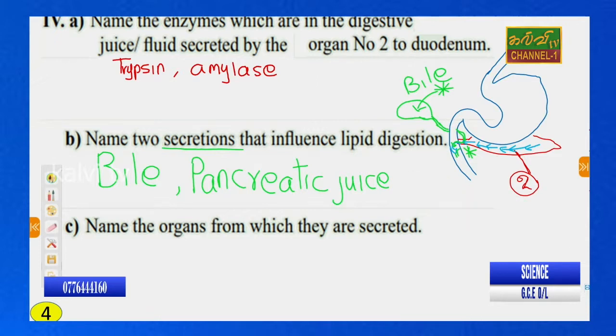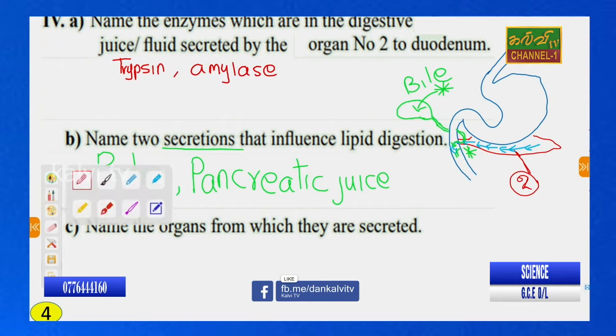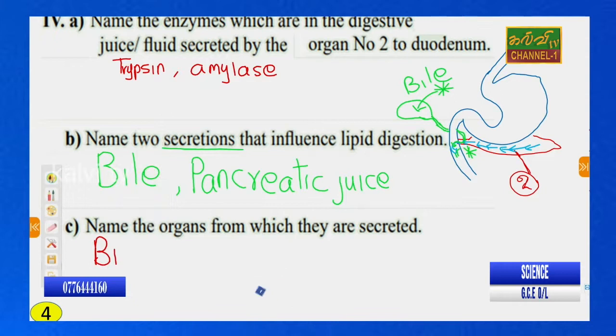Okay. Name the organs from which they are secreted. Actually, in these positions, we should mention which organs secreted them. So now, bile is secreted by what? Liver. They are asking for the organ, right? Which is close to this. This is the liver.